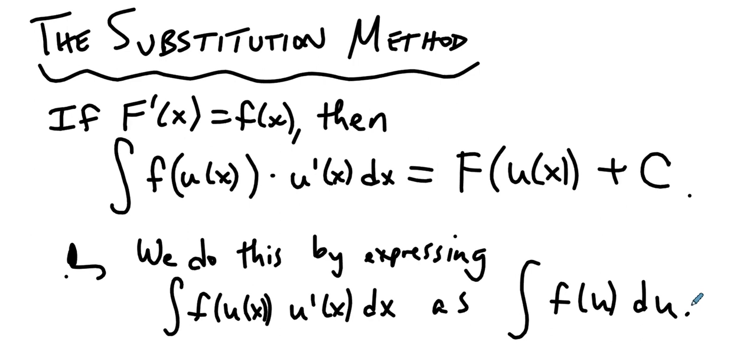That's the method to our madness. And because we usually are explicit with this u, this is often referred to as U-Substitution.